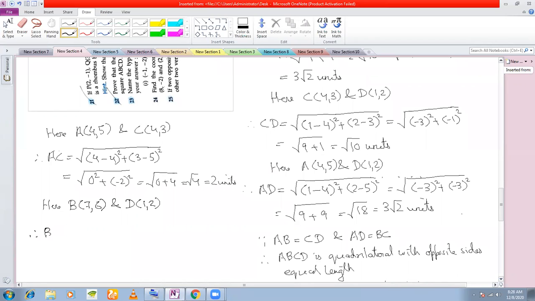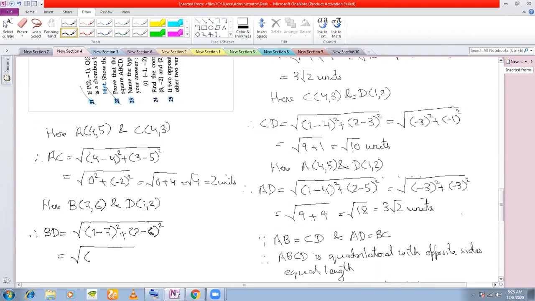Therefore, what is BD? It seems this is going to come unequal. Let's see.